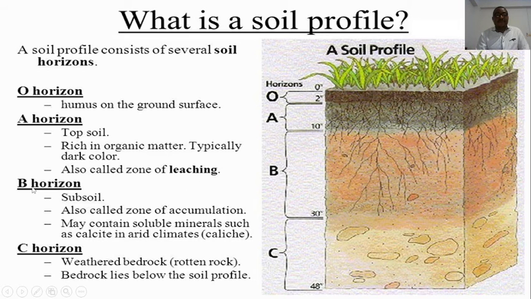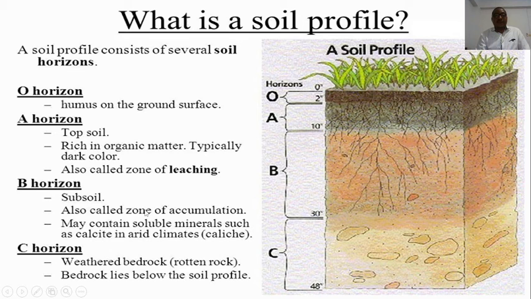Then next is the B horizon. The B horizon can also be referred to as the subsoil. The A horizon, we are calling it the topsoil, so this one we can also call the subsoil. The subsoil can also be called the zone of accumulation. Remember, for the A horizon, we said it can also be called the zone of leaching.